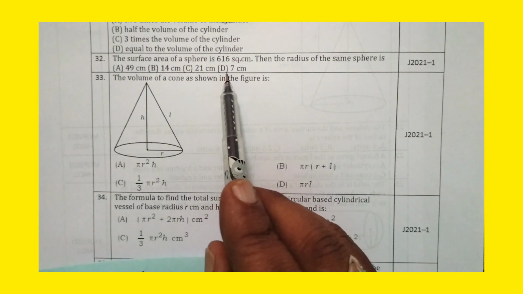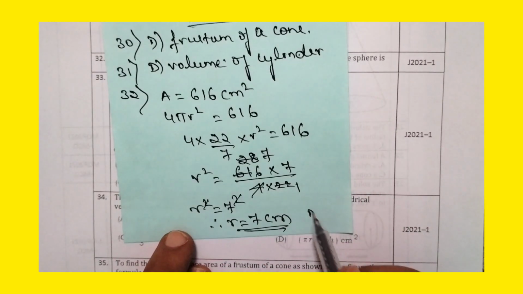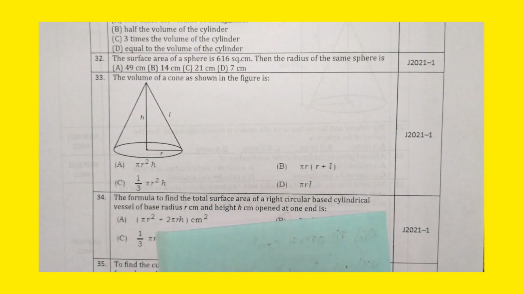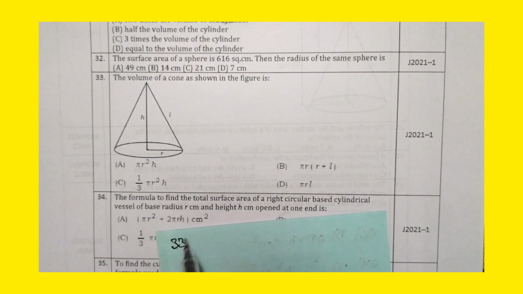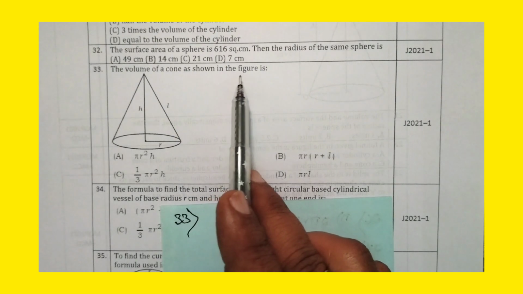So which one has given 7 centimeter? Look, option D is there. Option D, 7 centimeter, is the right answer. Now let us move to the 33rd question. The 33rd question is: the volume of a cone as shown in the figure is.